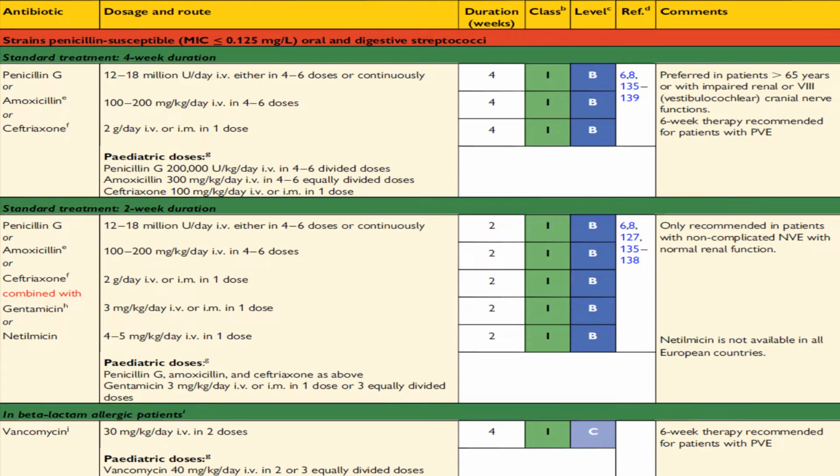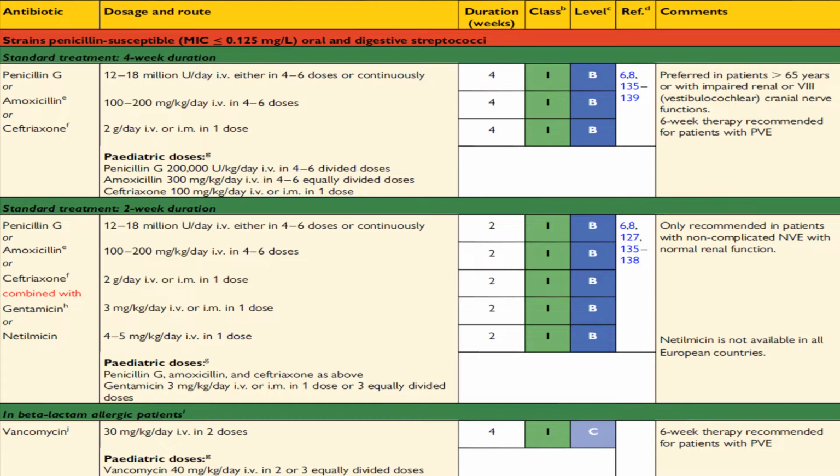The next pathogen is oral and digestive streptococci. This group includes Streptococcus group D or maybe viridans group streptococci. Overall, you should notice the susceptibility first. If the MIC of the streptococci is less than 0.125, that means it's susceptible.